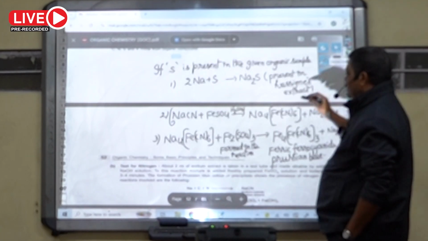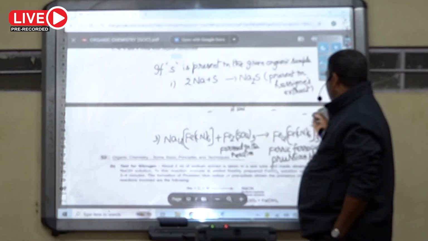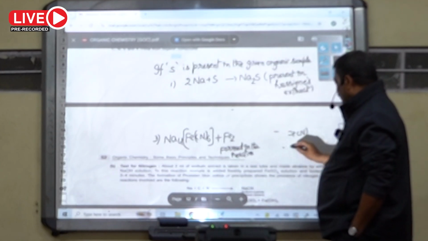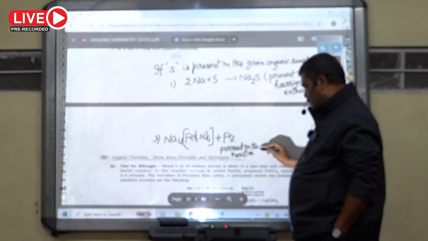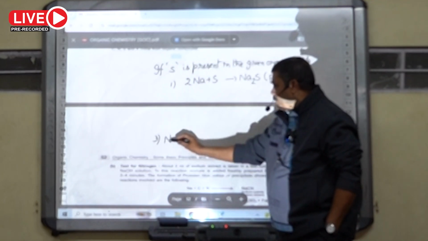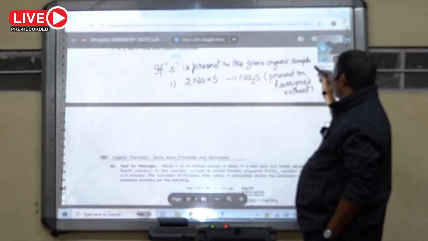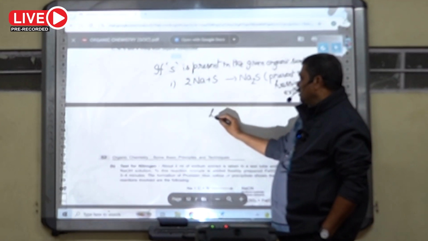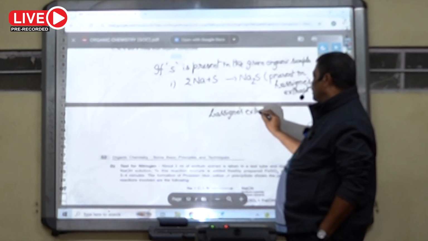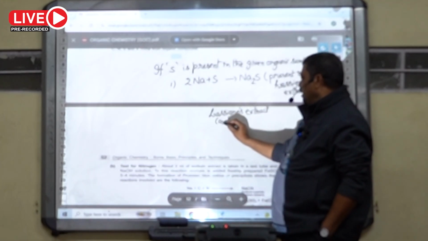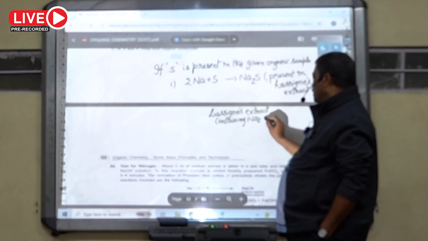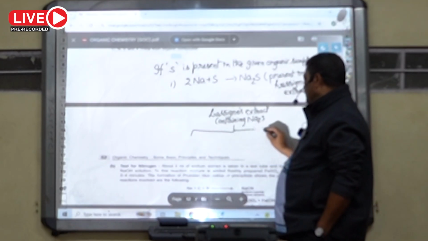Now this Na2S, the Lassaigne's extract containing Na2S, is divided into 2 parts.